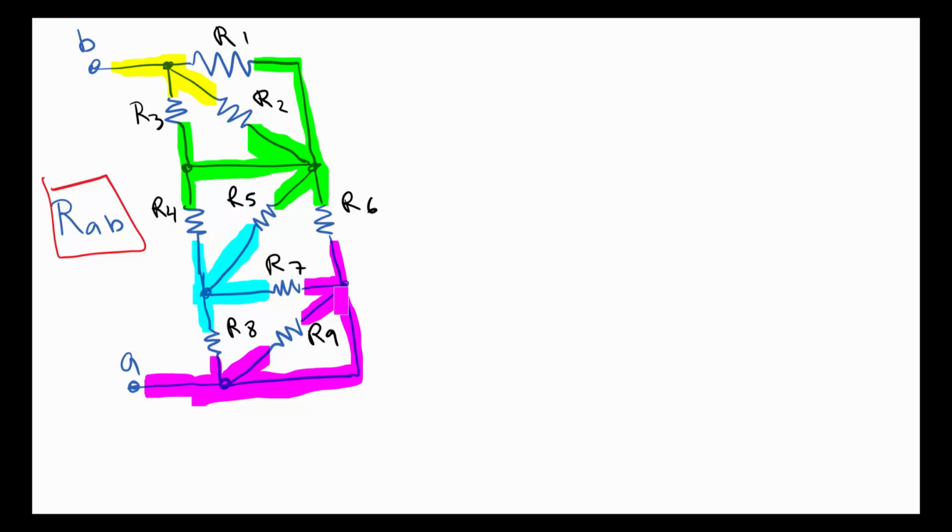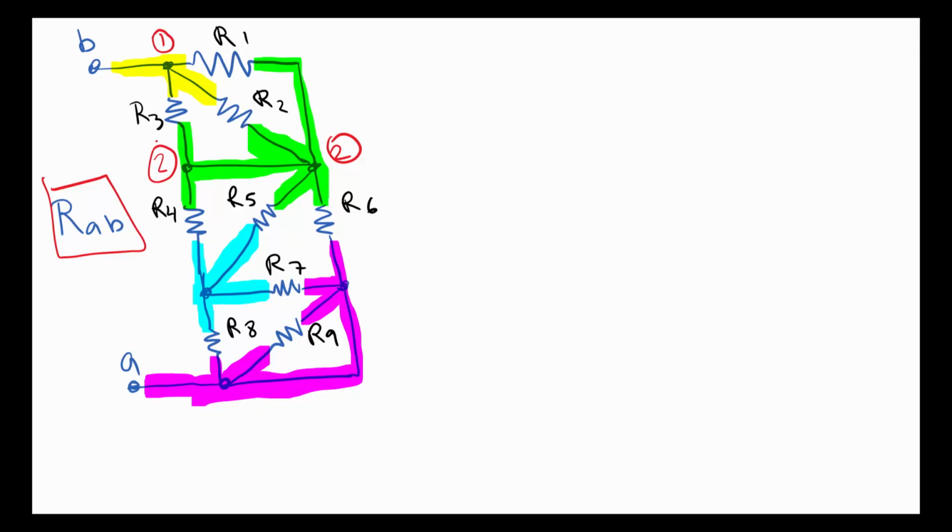So let's number the nodes just so that we can identify what's what. Let's call this node 1. Let's identify this one as node 2. And we have a connection point on the other side here, so let's call that node 2 as well, just so that we don't get confused later.